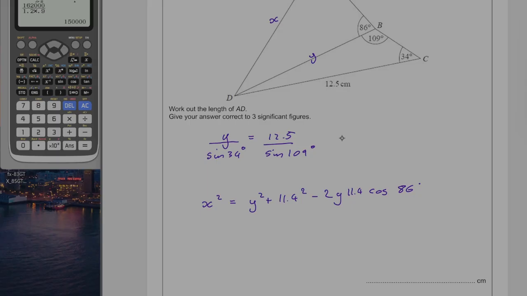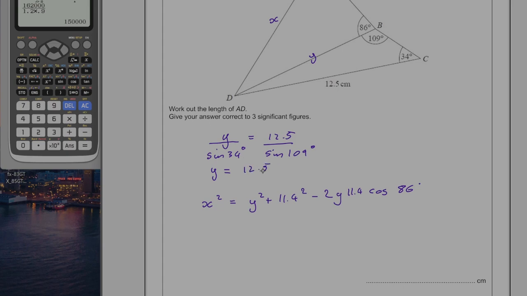So back up here, y is going to be equal to, and I'm going to do this just as one step, 12.5 times by sine of 34 divided by sine of 109. And I'm not going to go any further than that because I know that I'm going to get a decimal that I'm going to use in this second answer.